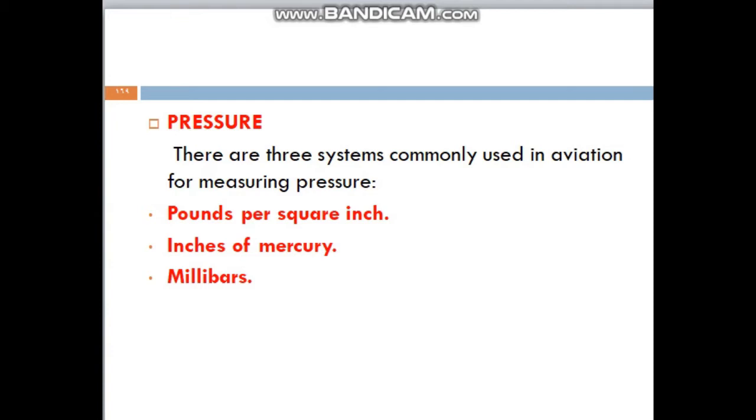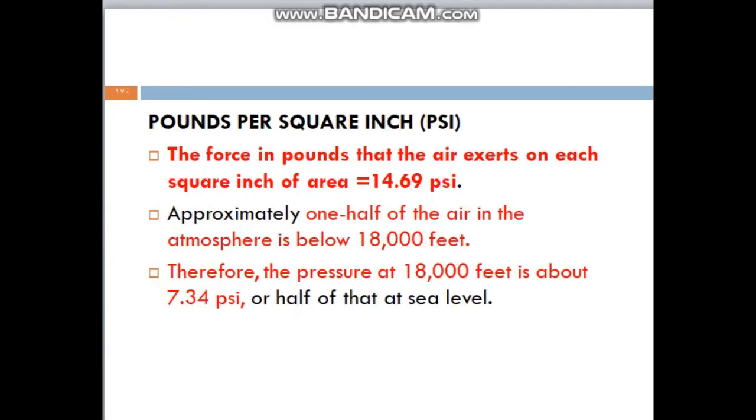There are three systems commonly used in aviation for measuring pressure. The first one, pounds per square inch. The second one, inches of mercury, and the last one, millibars. We will start with pounds per square inch, PSI.